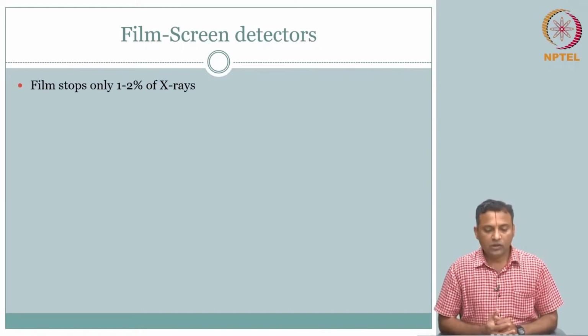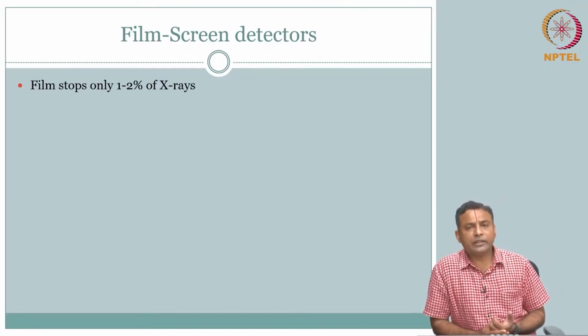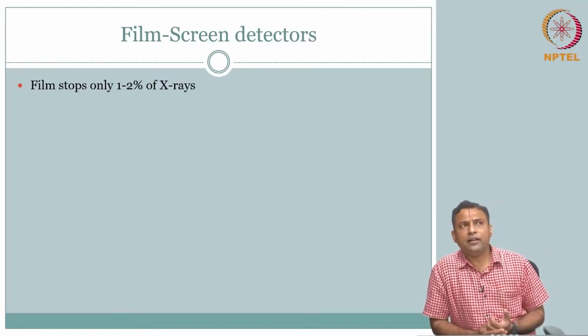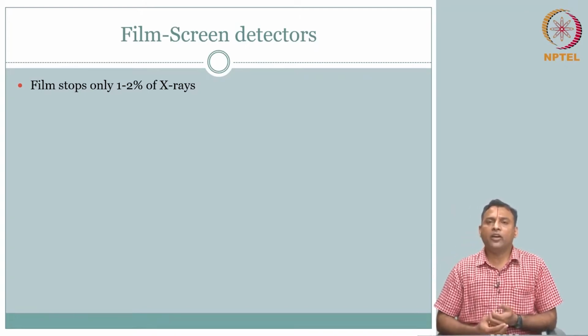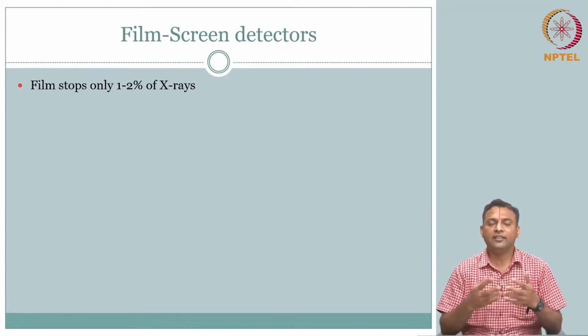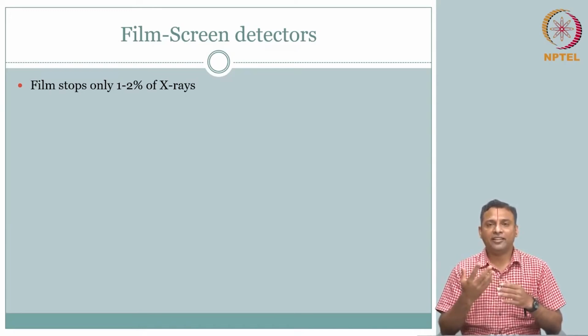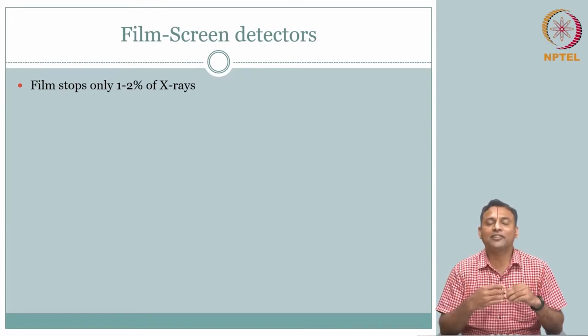Okay, so here it is actually pretty straightforward. Now you should think, if he is going to talk about just film screen, this is already there. How did Roentgen make the first, or at least supposedly the first, medical image?